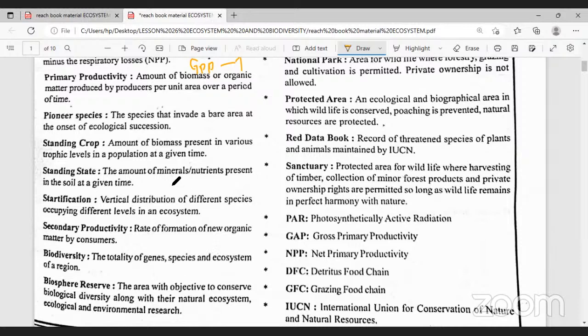How will you divide the different trophic levels? Just imagine how it will be divided. Take an example.